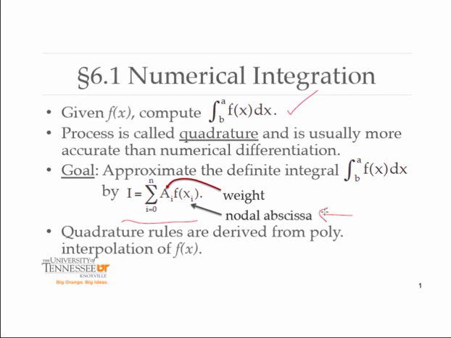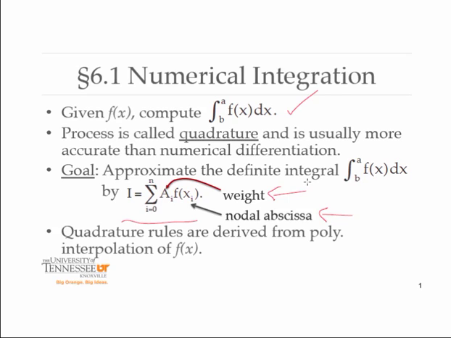And we weight them. In other words, we take a linear combination of those functional evaluations, and those scalars, capital A sub i, are known as weights. So every quadrature rule that we're going to discuss is very simply put in this form. And the key is to come up with techniques to define what the x sub i should be, as well as what those A sub i weights should be.